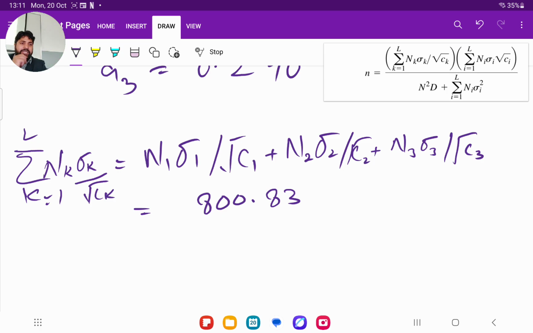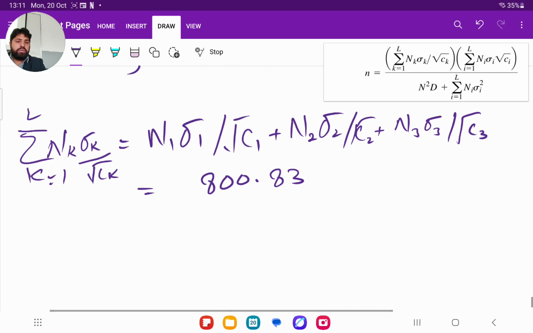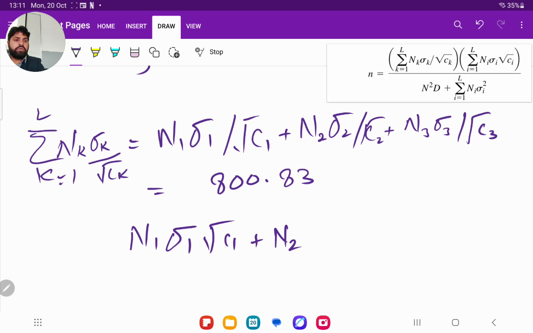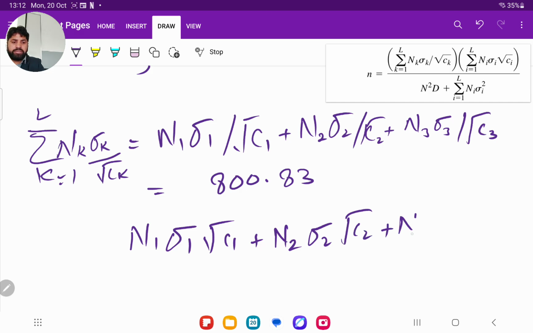Okay, and the next thing is N1 sigma 1 square root of C1 plus N2 sigma 2 square root of C2 plus N3 sigma 3 square root of C3.